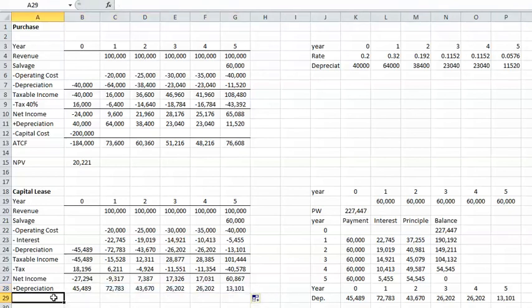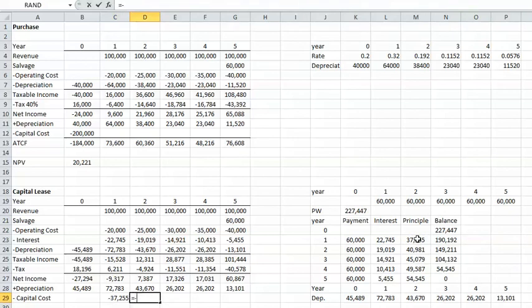And for the capital cost, as I explained, we have to enter the principal portion of these payments as capital cost. There is nothing at year 0 because we didn't have any payment at year 0. For year 1, negative sign, the principal portion of the lease payment is the capital cost that we pay.